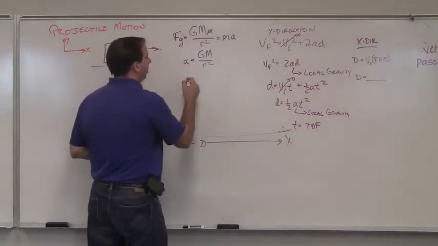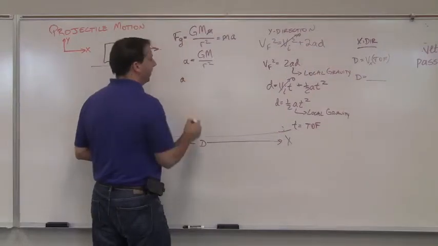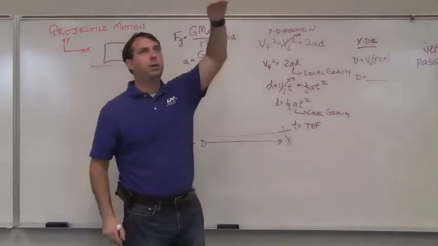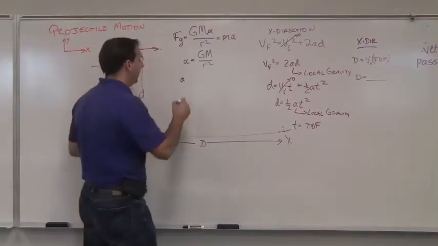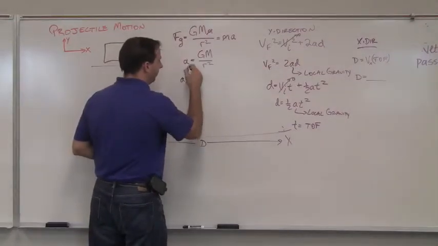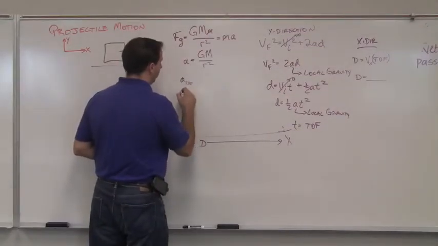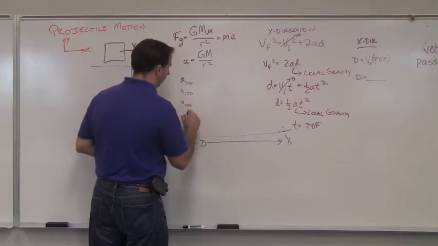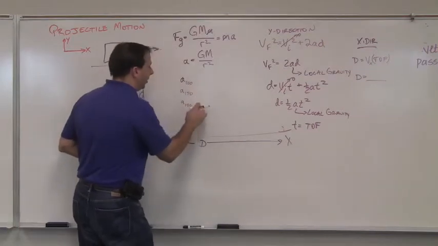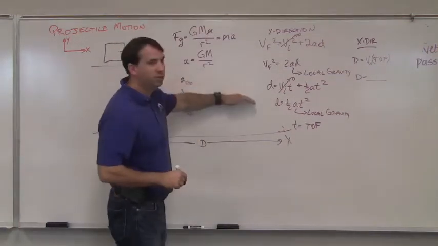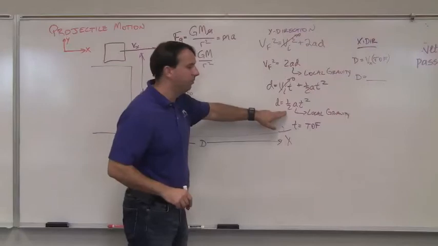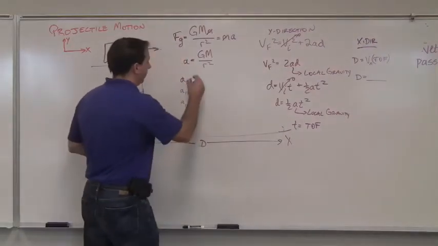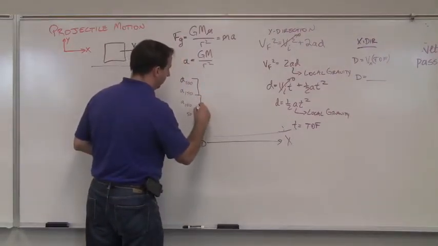But you can calculate it. Let's say we deploy at 200 kilometers, you can calculate the value for gravity at 200 kilometers. You can calculate it at 150. You can calculate it at 100. 50. And then stitch those together, and you'll end up with time of flights from this one to this one, this one to this one, and this one to this one.